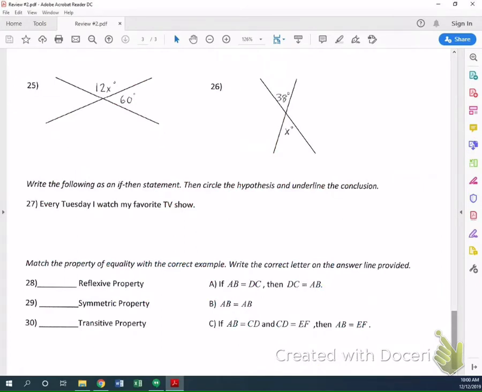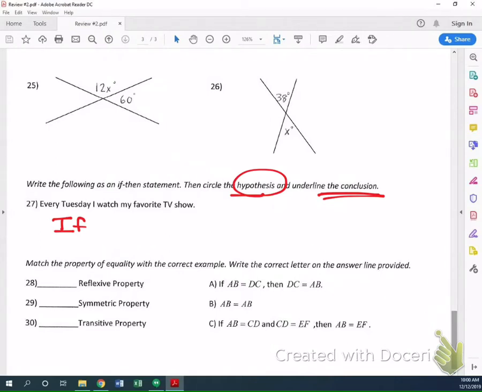All right, next we are writing an if-then statement. We're going to circle the hypothesis. We're going to underline the conclusion, okay? Every Tuesday I watch my favorite TV show. If what?